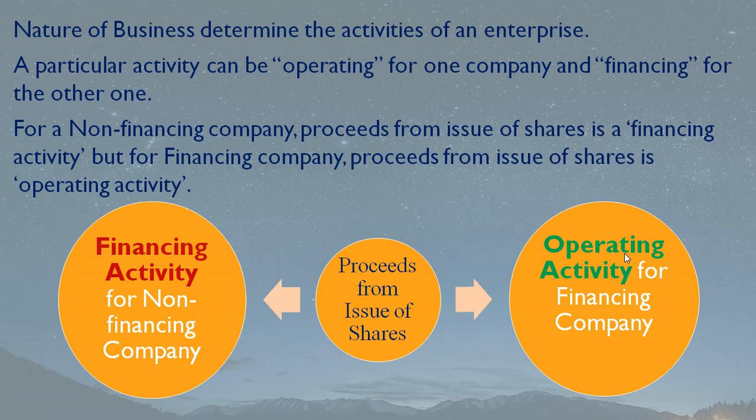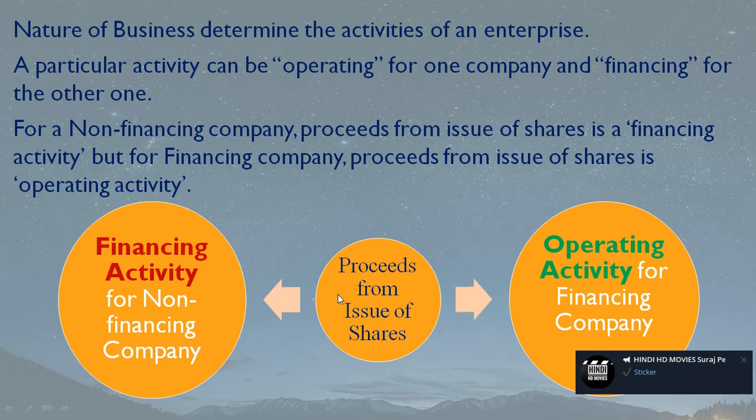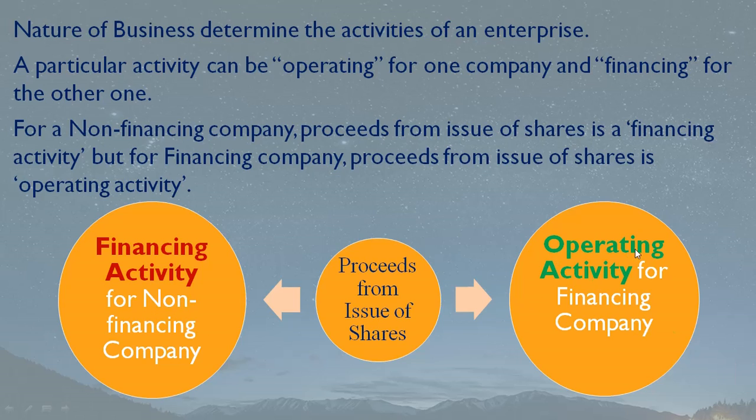As I've already explained before, the nature of business determines the activities of an enterprise. As you can see here in this diagram, proceeds from issue of shares can be a financing activity for one company, and it can be an operating activity for the other one. For a non-financing company, it will be a financing activity, but for a financing company, it will be an operating activity.